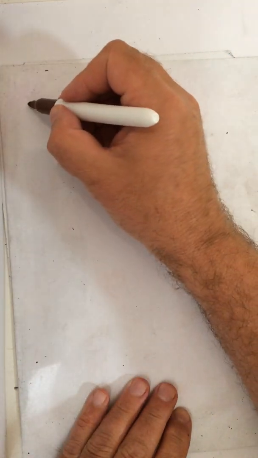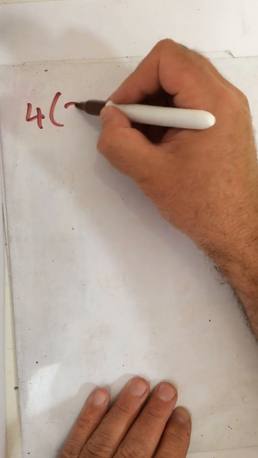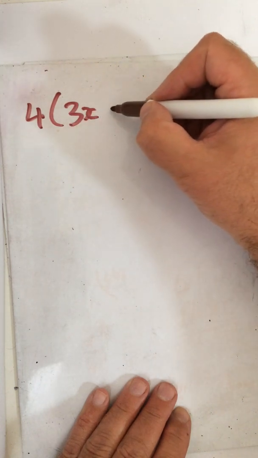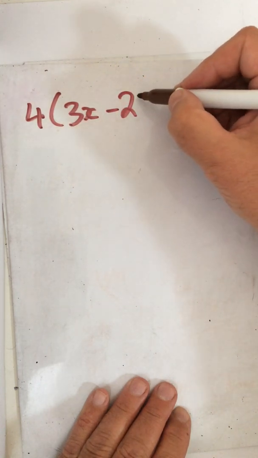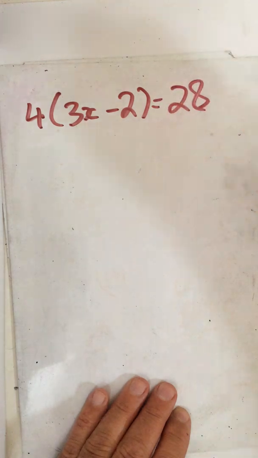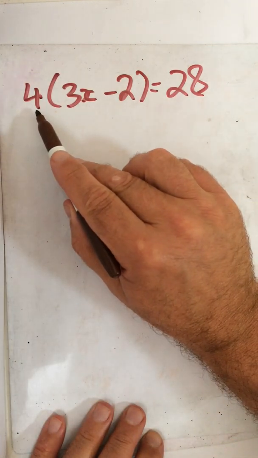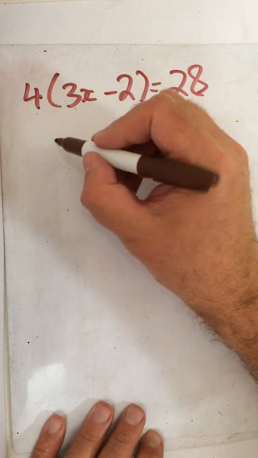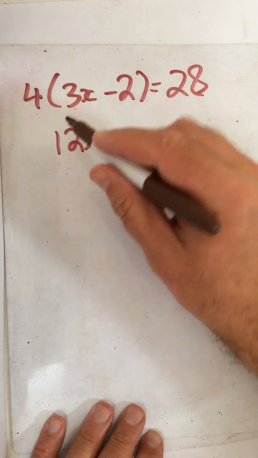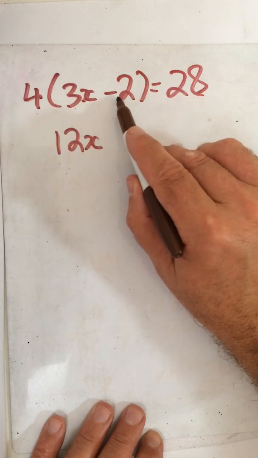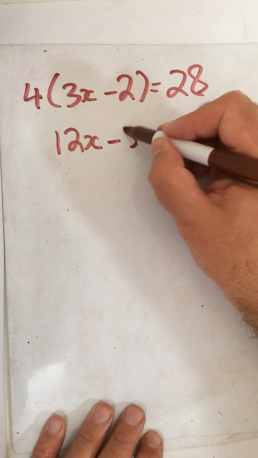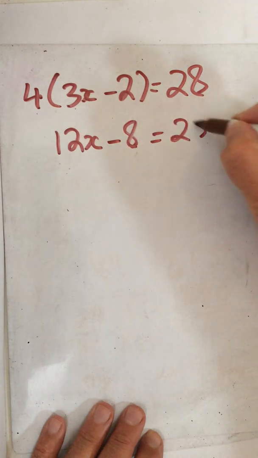So let's go with, say for example, 4 brackets 3x minus 2 is equal to 28. Same rules apply. The first thing I want to do is expand those brackets. 4 times 3x, 12x. 4 times minus 2, minus 8, equals 28.